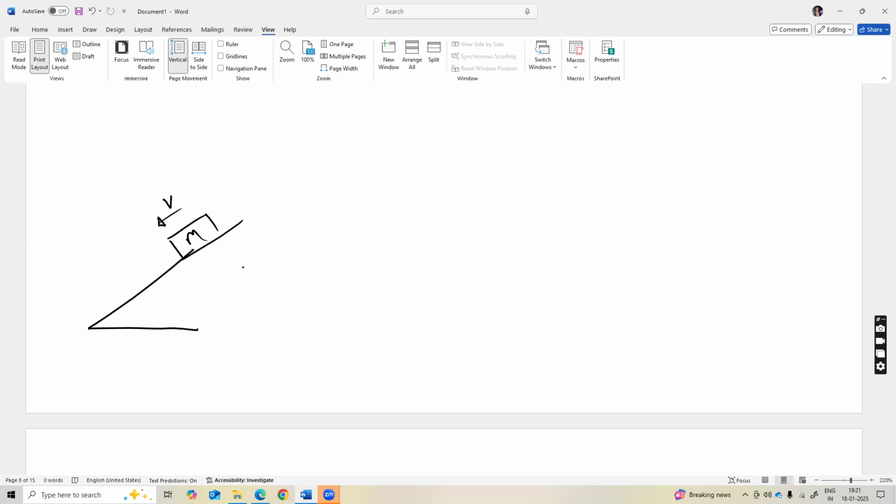So there will be a frictional force that will act on the object. Since mg sine theta is the component of force, mu mg sine theta will be acting, sorry, one second.